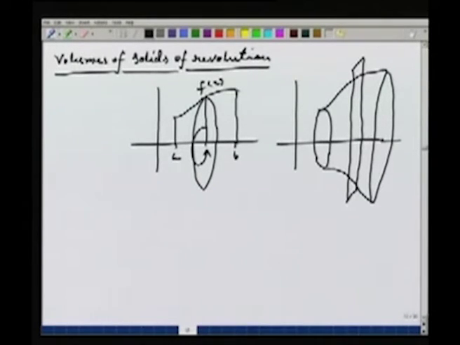This height is f(x), so A(x) in this case turns out to be pi times f(x) squared. And then by the method of slicing, which we have already done, the total volume of the solid of revolution is the integral from a to b of pi f(x) squared dx.